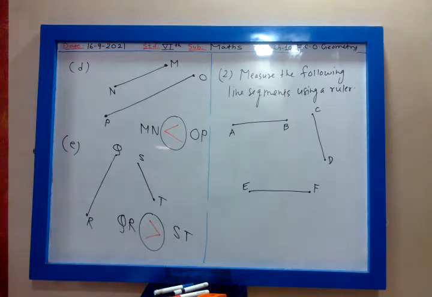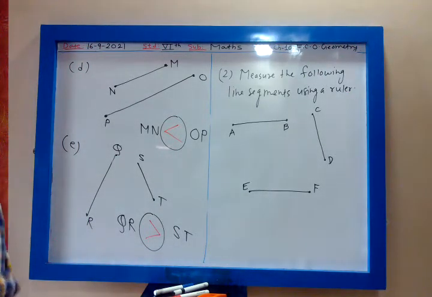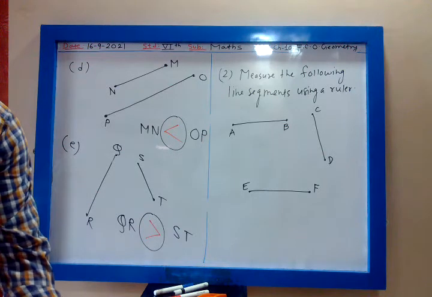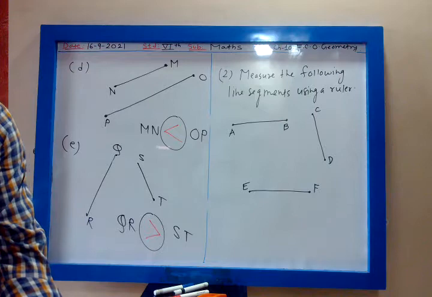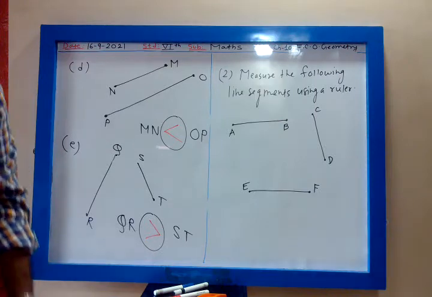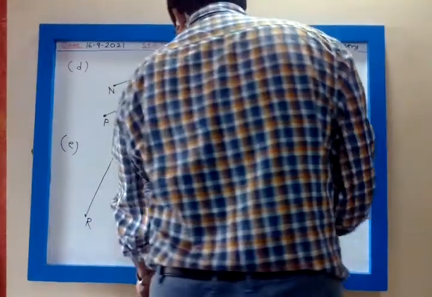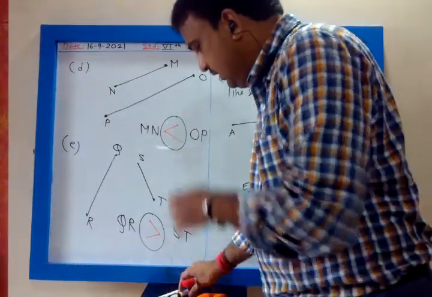That is what I am telling you. You are having the scale, you measure this AB. All of you are having the scale. Measure it. AB, see here. AB is 3 centimeter.